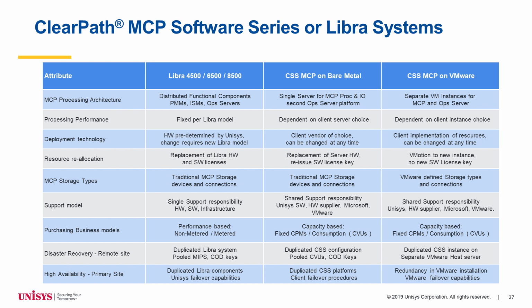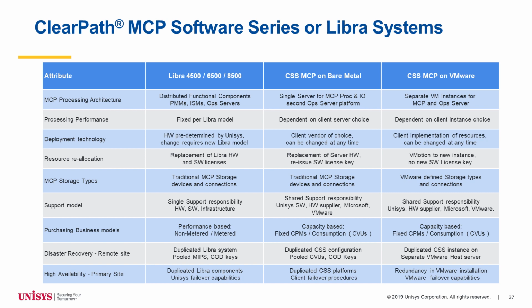If you're running on bare metal, it's a single server for MCP, and it's all of the processing as well as the I/O on a single server. And then you can have a second server as your ops server platform. For VMware, it's a separate VM instance for MCP and the ops server. So you would have two instances essentially on a VMware type of environment. For processing performance, you would have a fixed Libra model.